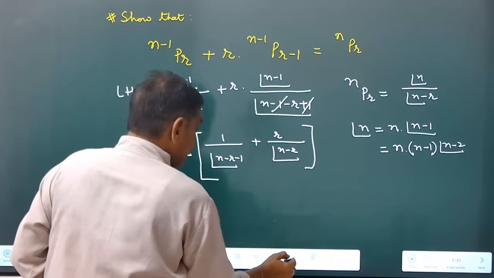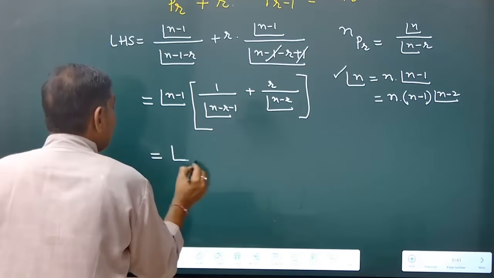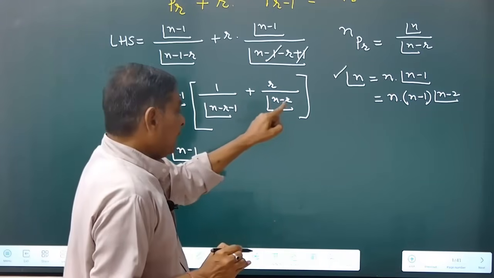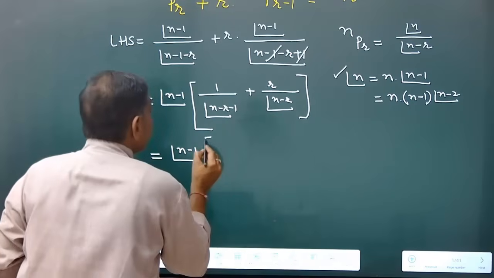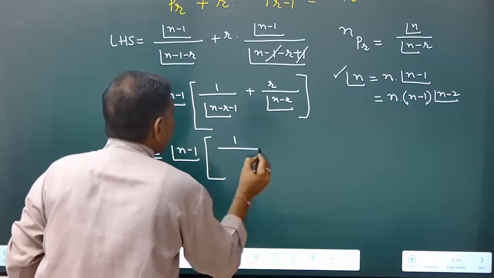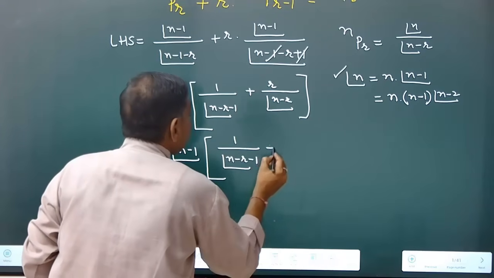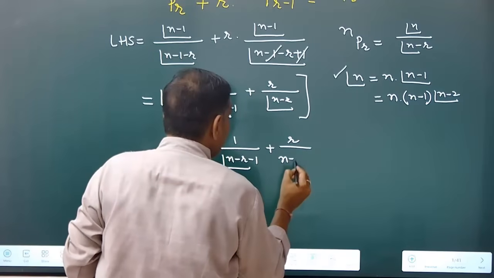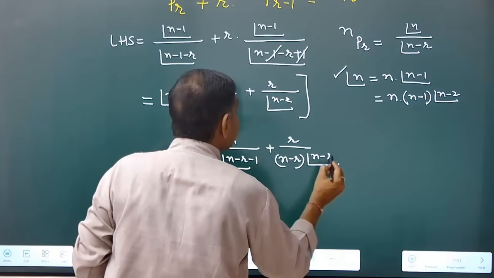We can write it as factorial n minus 1 times, and factorial n minus r can be written as, using this formula, 1 upon factorial n minus r minus 1 plus r upon n minus r into factorial n minus r minus 1.